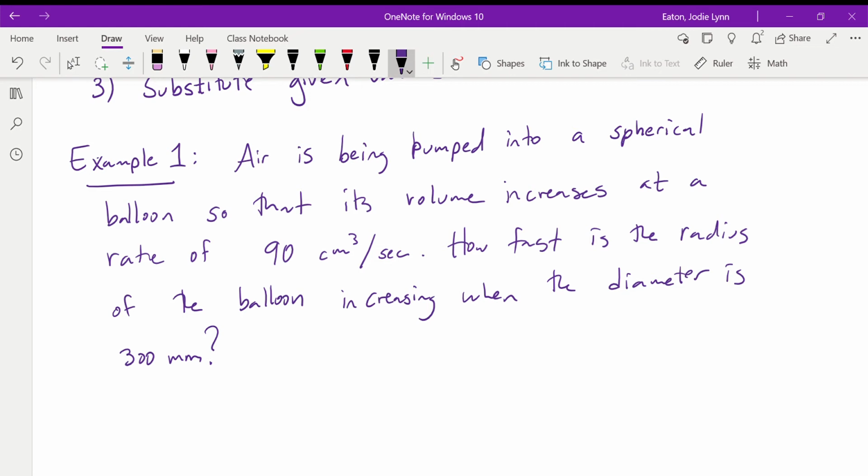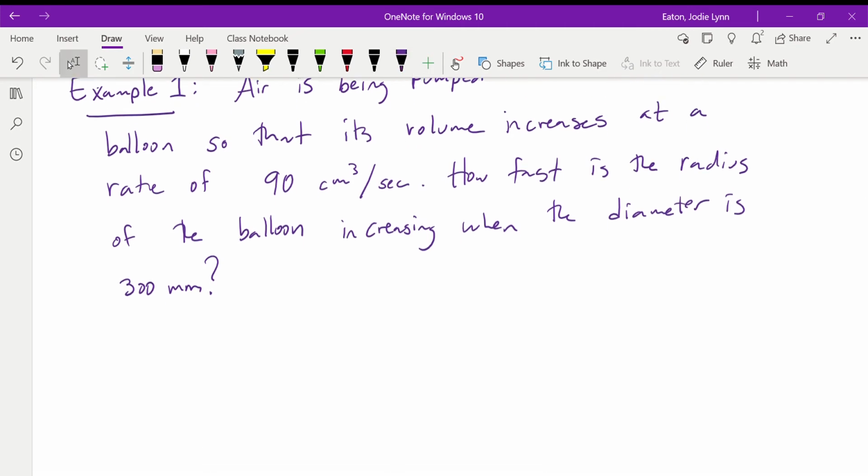So the very first thing we notice is that we have units that are different. We have centimeters cubed and we have millimeters. Luckily, millimeters is fairly easy to translate into centimeters, so we will need to make sure that we do that. So I'm just going to put a little star there. The very first thing we want to do is write down an equation that relates the variables. We're looking for the radius.